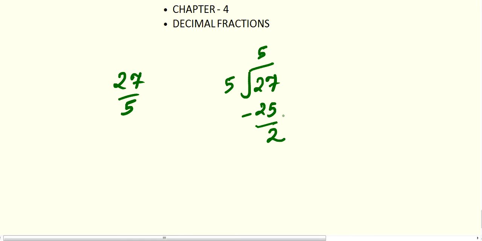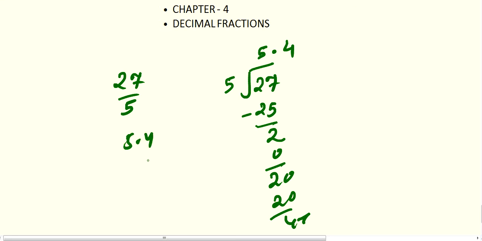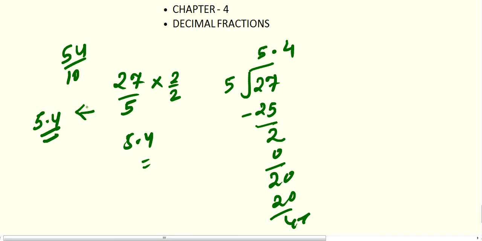Now 2 is not divisible by 5, so you will take your decimal. So this 2 will become 20. Then 5 fours are 20. So 5.4 is the required answer. Clear? Similarly, if you multiply by 2 upon 2, you will get 54 by 10 and directly you can write 5.4. Look how easy it is.